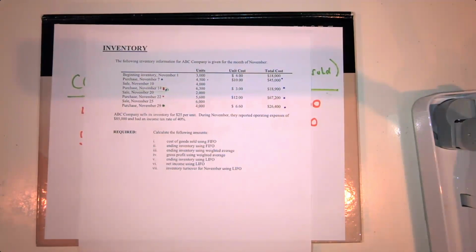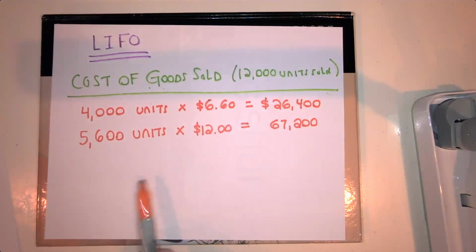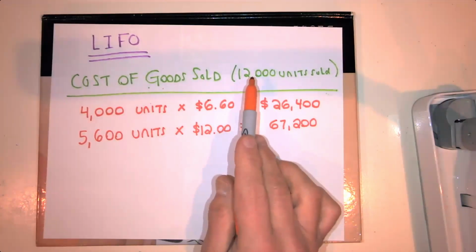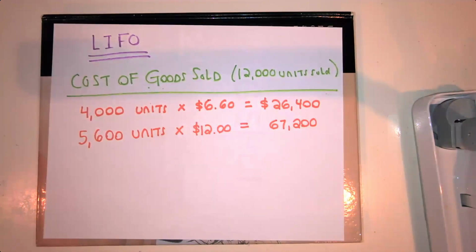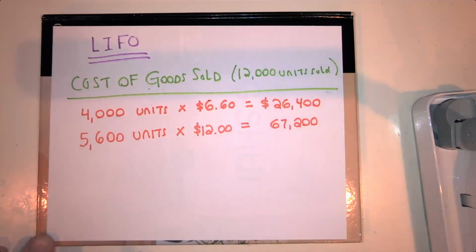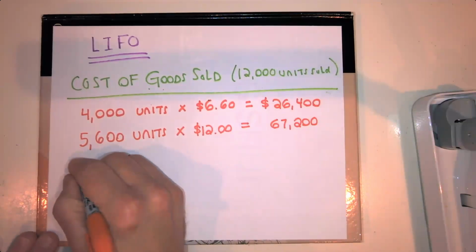But just like Connor said, when he did the ending inventory, he didn't want to take all 6,300 units because that was going to take him over the total. Well, same thing here. If I take all 6,300 units, I go well above the 12,000 units that we have to account for. In fact, what is it I need? I got 9,600 here, so I only need 2,400 more.